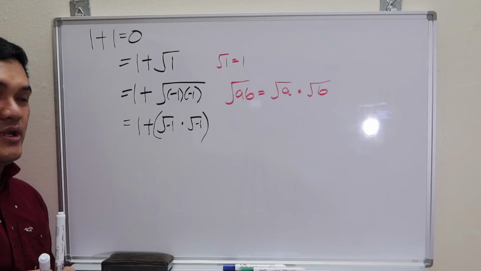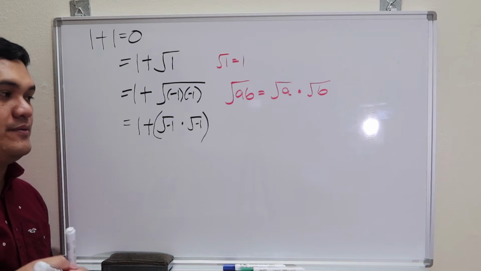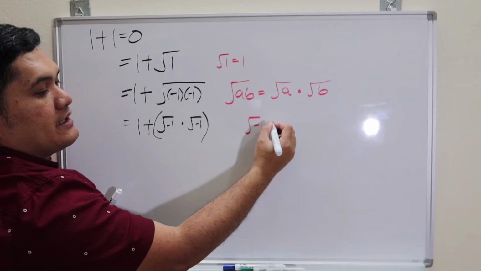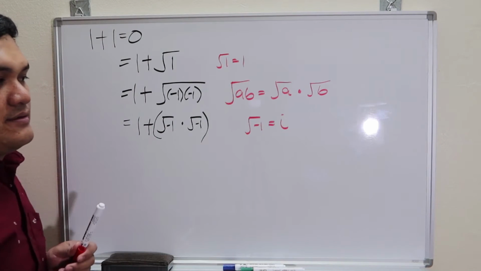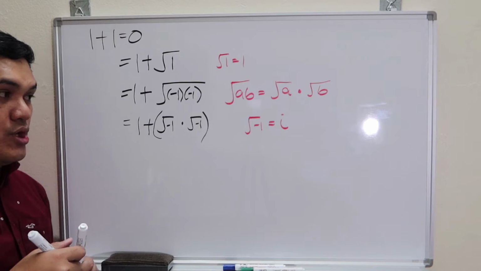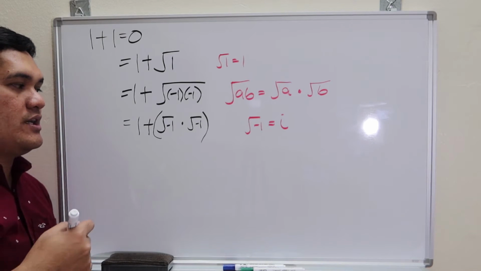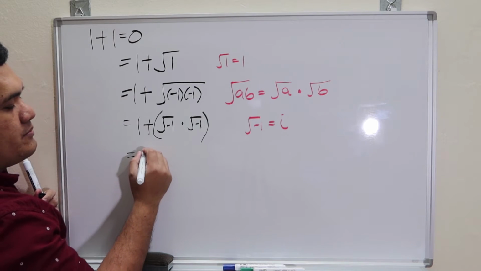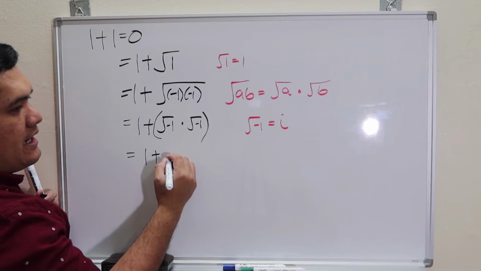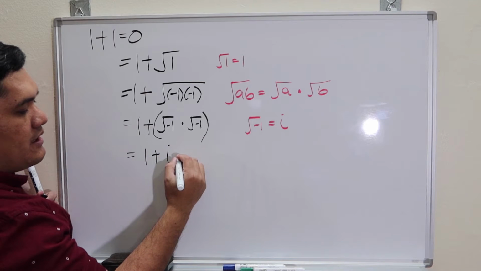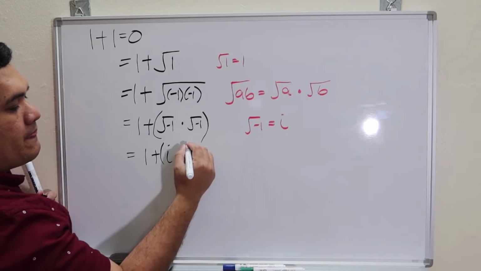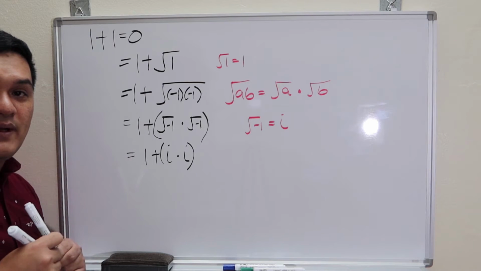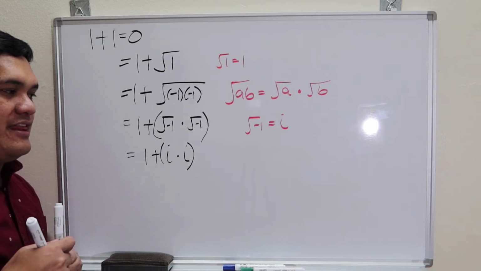Then, we know that the square root of negative 1 is i, an imaginary number. So we can write this expression as 1 plus i times i, the square root of negative 1 times the square root of negative 1.